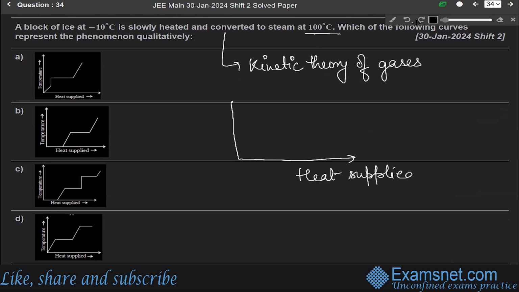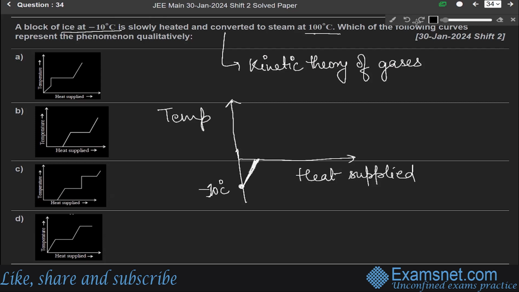and this is temperature. At first, a block of ice at minus 10 degrees Celsius is slowly heated. Let us say this is minus 10 degrees Celsius. When the temperature rises, the ice is heated and reaches 0 degrees Celsius.